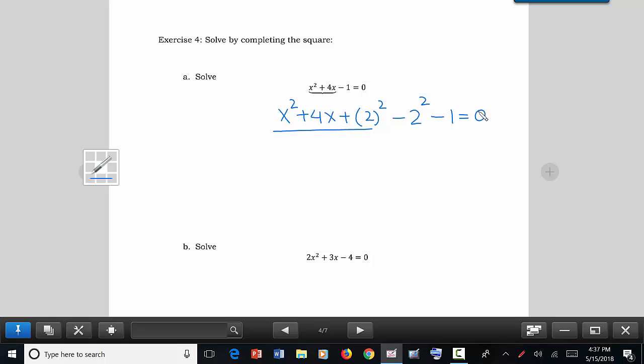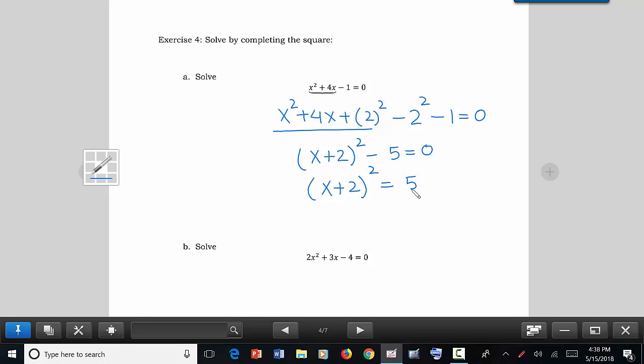So the first 3 terms will complete the square. It is (x plus 2) squared. And if you simplify the rest of the thing, that is negative 5. And we are using the square root property. That's why we have to make the x terms and the constant isolated.